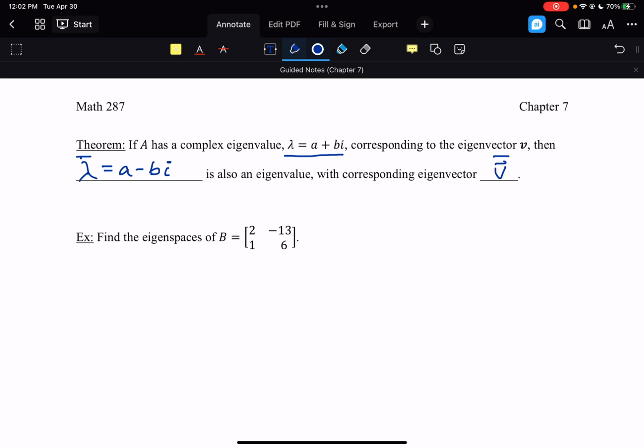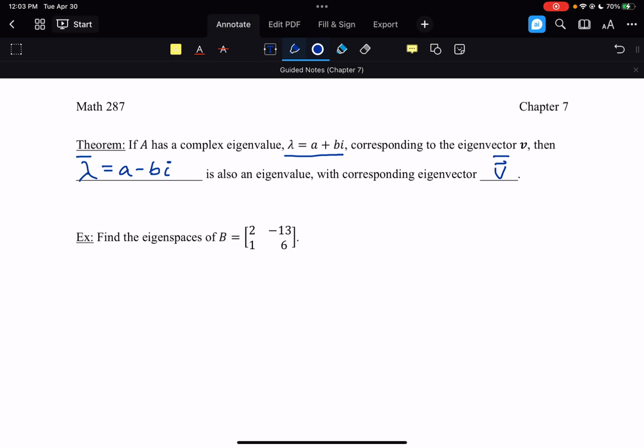So this is lambda bar and v bar. It just means you're taking the complex conjugate of that value. If it's a plus bi, this one's a minus bi. And then whatever that eigenvector was, we'll take its conjugate as well. This is helpful because we know that these will always come as a pair with each other.